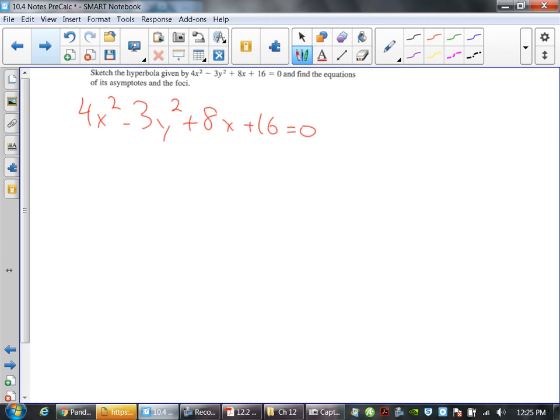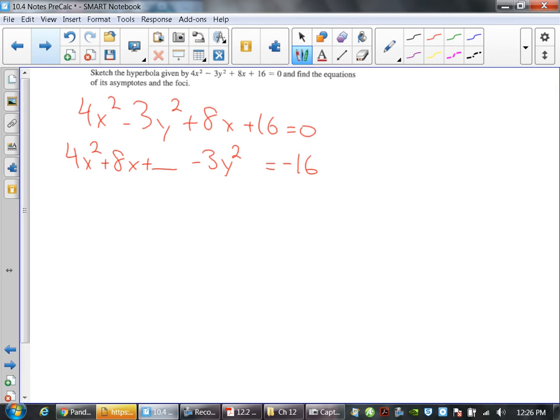A bunch of completing the square here, so what are you going to do first? What are you going to move? Move the 16 and just regroup everything. I got that. What do I have to worry about with the completing the square part on the 4x squared?